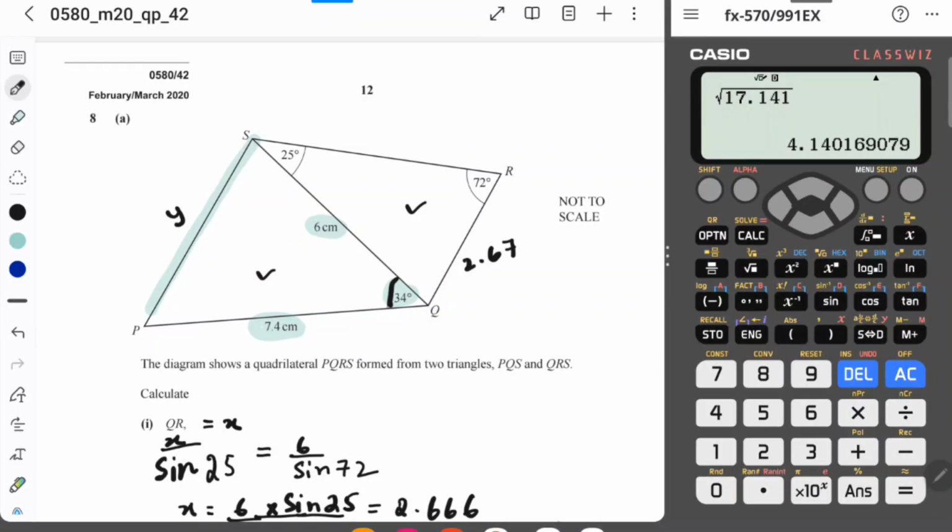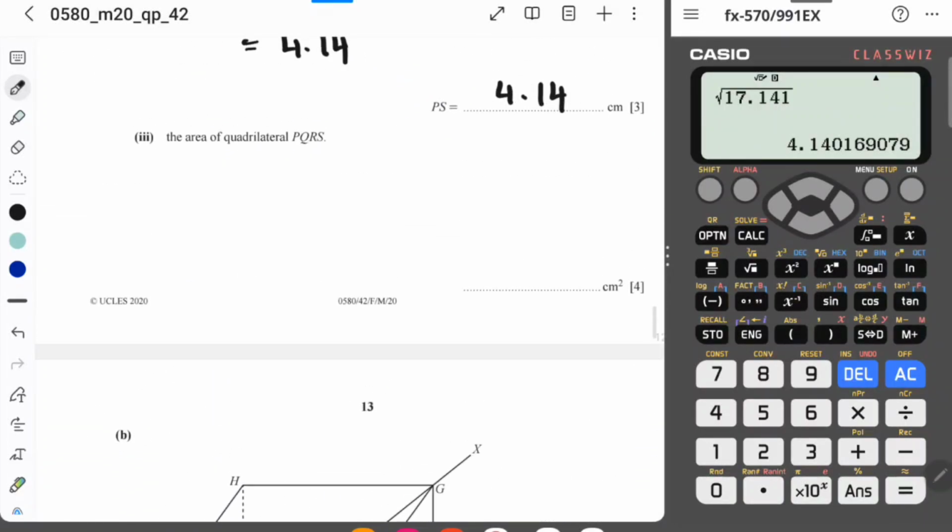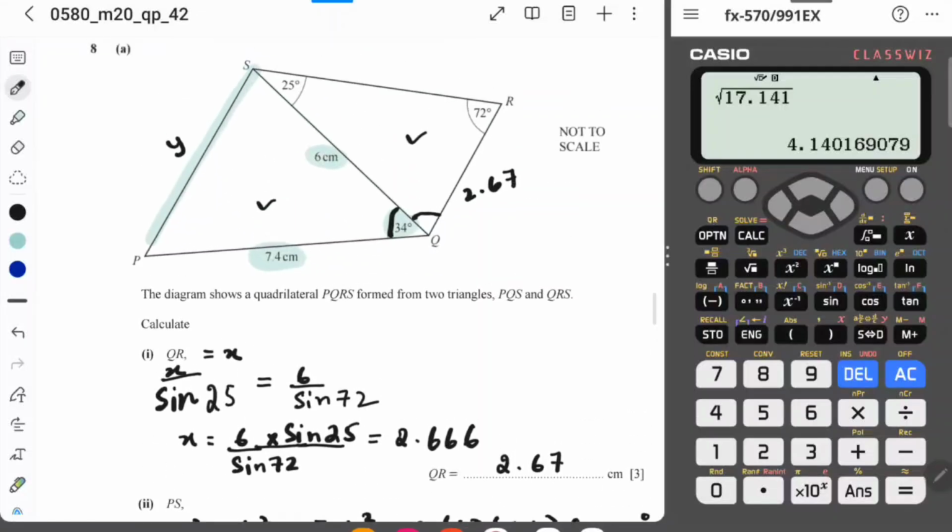If we check, you have two sides and an included angle in the triangle PSQ, and in the triangle SQR also we can have two sides and an included angle, but the included angle is this much, because we know the other two angles, so it's easy to find angle Q. First, see how many marks this question has. It has 4 marks, so you will have to show each and everything.